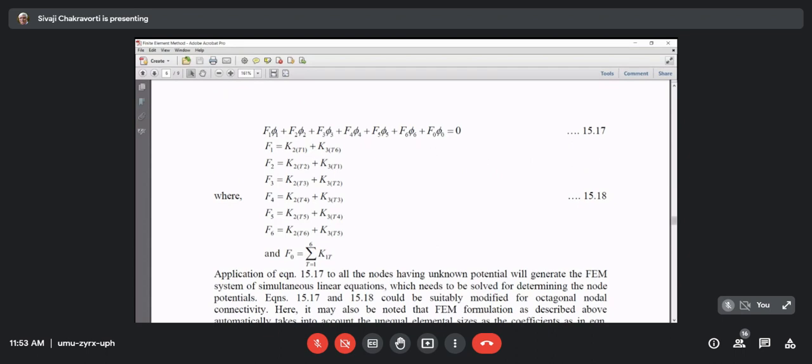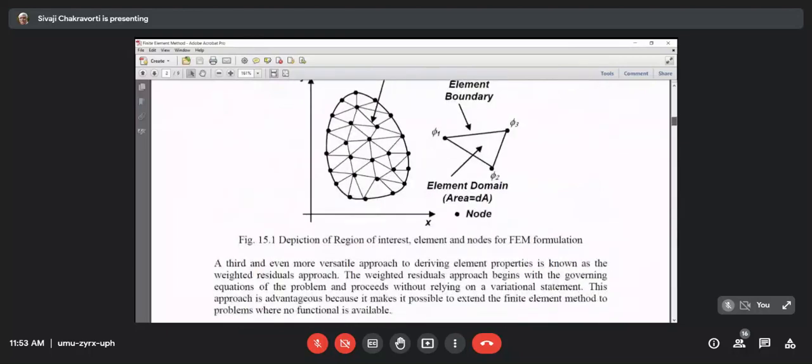So now, if I go to that original diagram, you can see here, every node which has unknown potential, if that is the target node, there will be 6 nodes connected to it. So I write that equation, whatever I have explained. Then I go to the next node, it will also have such 6 nodal connectivity.